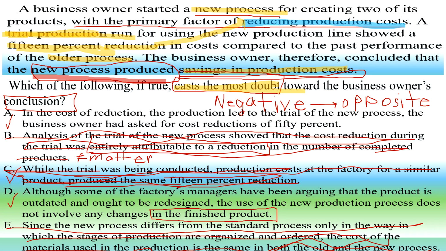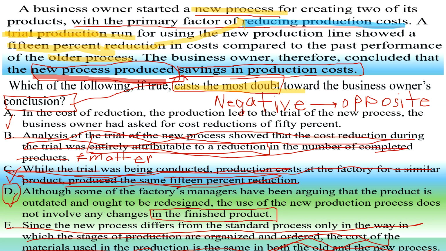That's his conclusion. The use of the new production process does not involve any changes in the finished product. So there's not any changes. So he's off. So your answer is D.